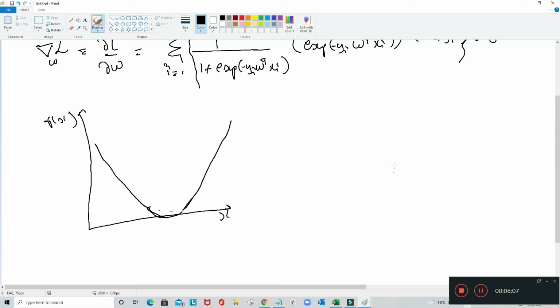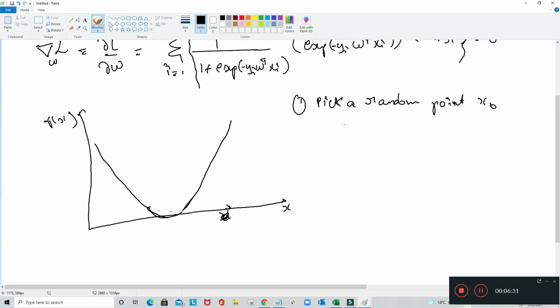The first step is to pick a random point from the function, say let's name it x0, and let me extend this so that I can explain.